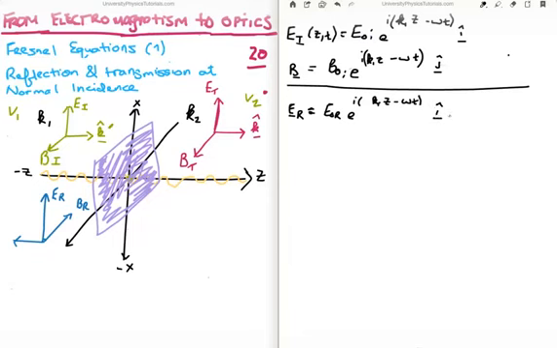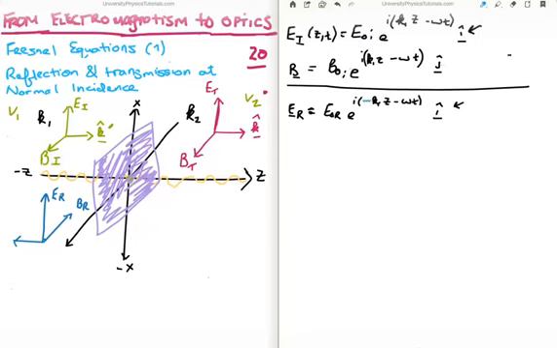And this of course is in the i hat direction as well. So this is the reflected electric field. Notice of course that its polarization hasn't changed. It's still in the i hat direction like this. So nothing has changed.